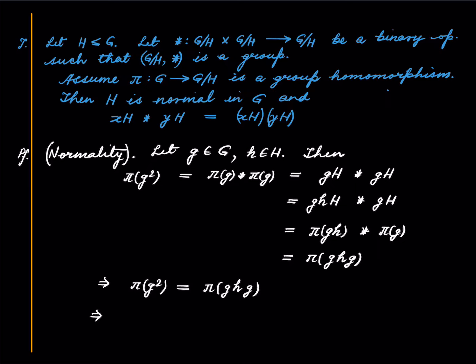Which implies, which way should I multiply? So this implies, not EH, sorry, this is actually pi of e_G equals, I will explain what happened.